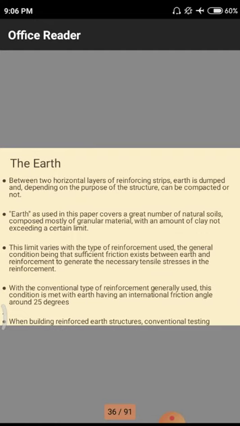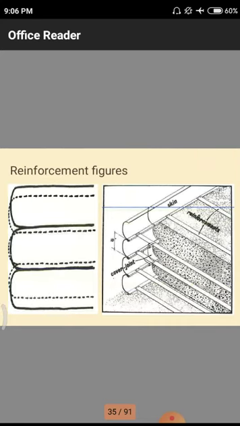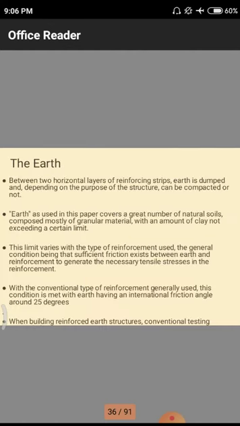In this particular figure we can observe the reinforcement is in the form of flat belt-like steel stirrups, so we have to fix the reinforcement type first of all. Otherwise, if we use a smaller quantity of steel, failure will take place easily. So we have to calculate how much load the structure bears and the maximum quantity of load acting on it.